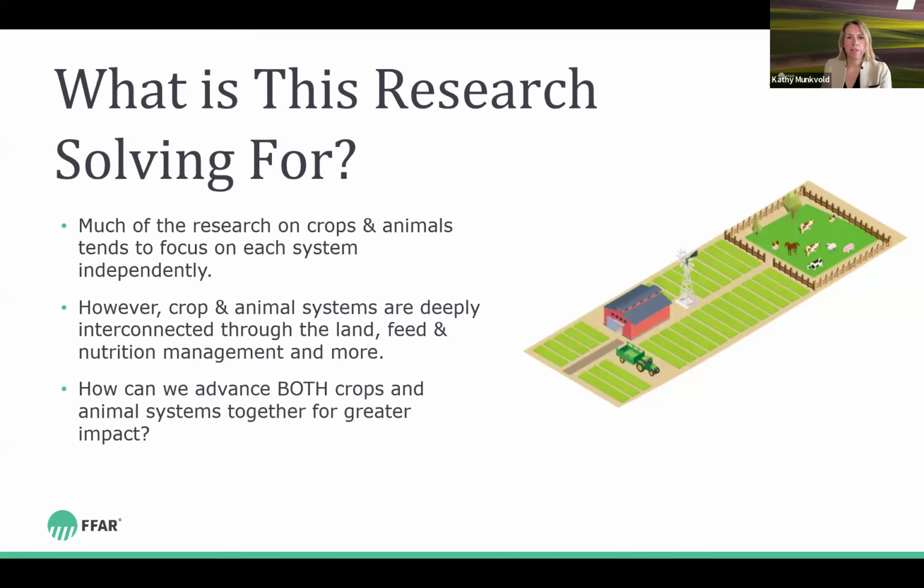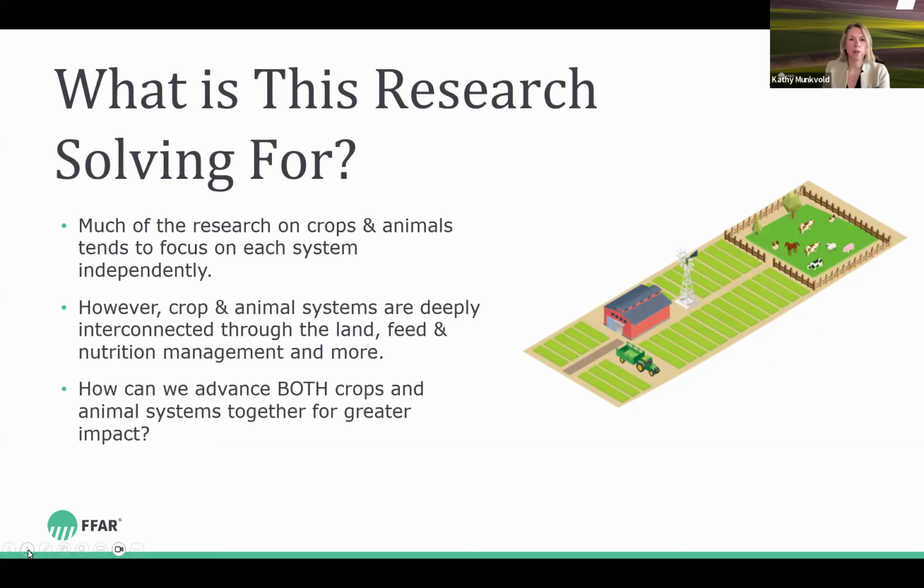So what is this RFA aiming to accomplish? Well, much of the research on our food supply has tended to focus on crops or animal systems independently. And so a goal of ours, just like we have done within FAR, is to drive collaboration, and in this case, drive collaborative research between scientists in these areas.